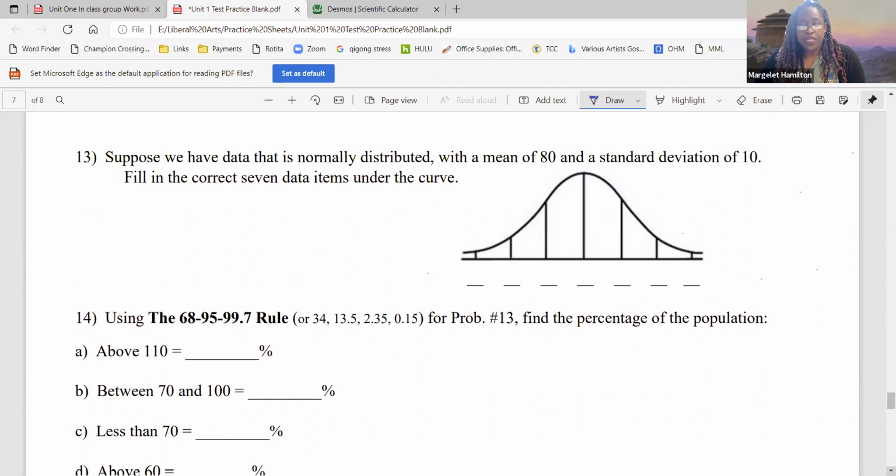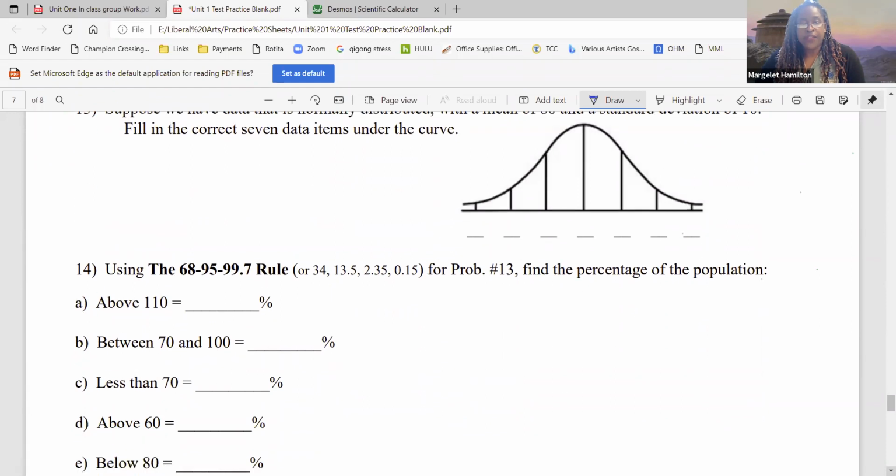So number 13, you see how they give you the rule right here and the percentage breakdown even further in parentheses. That's how it's going to be on your test. You need to know what these things mean and how you apply them to your normal distribution curve.